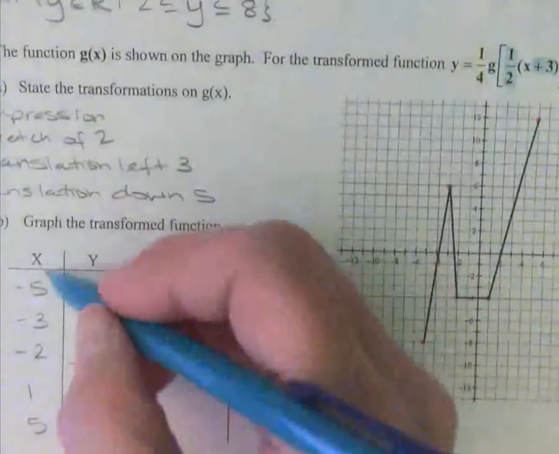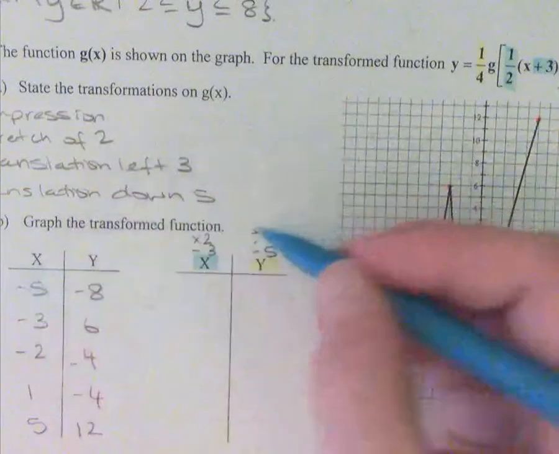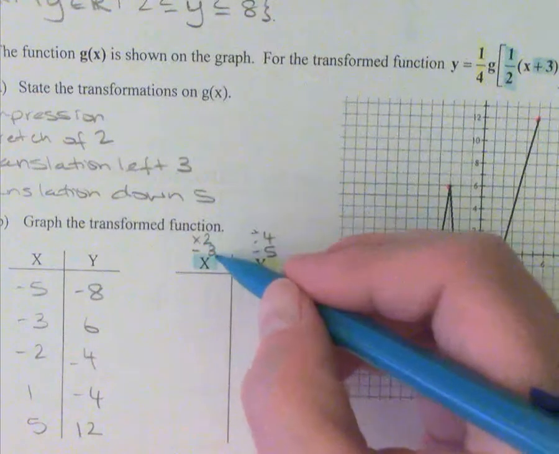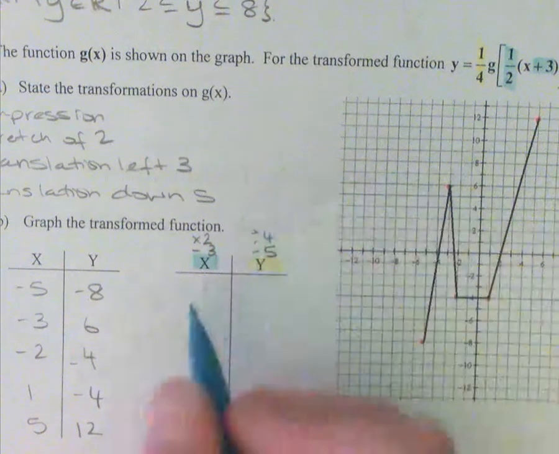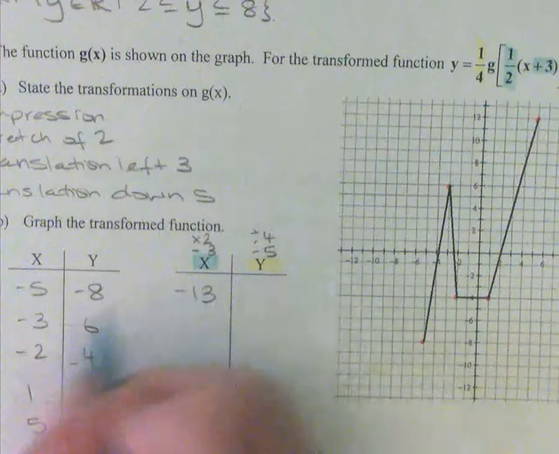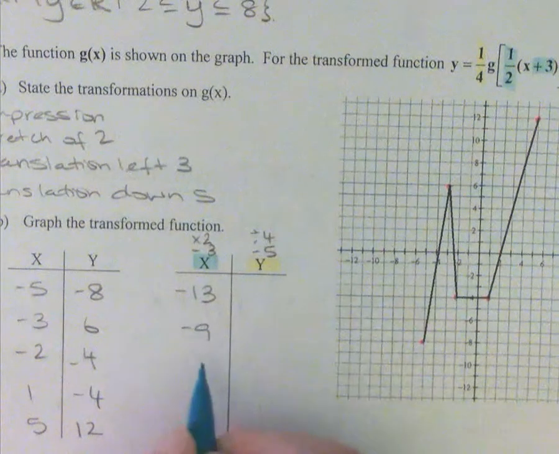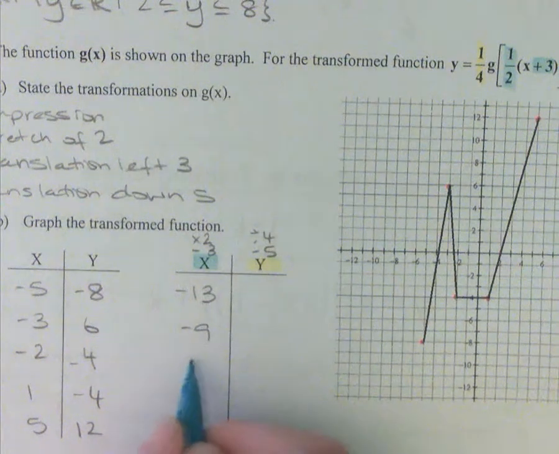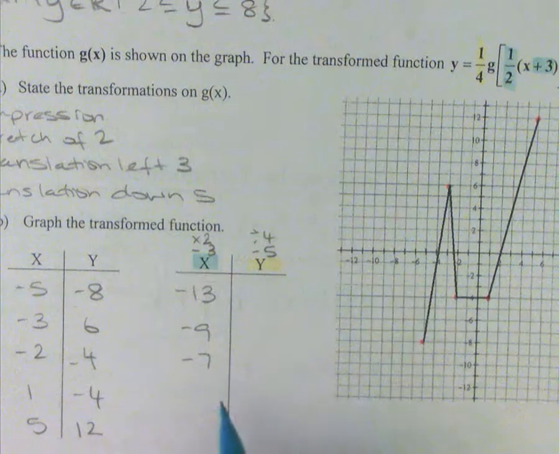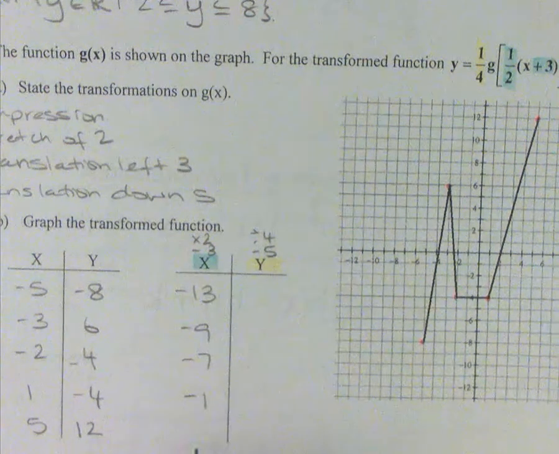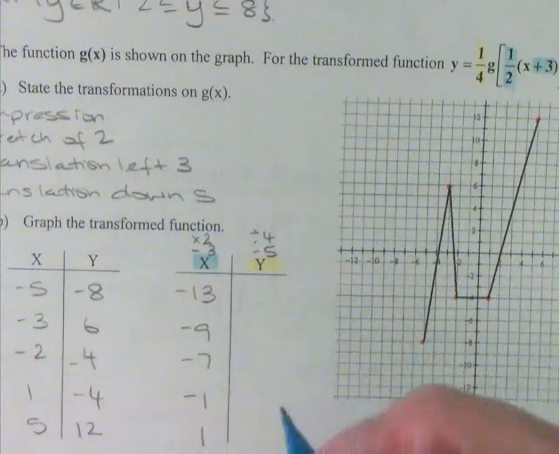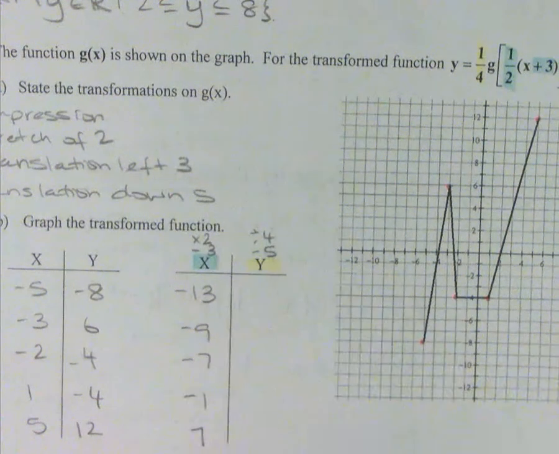So I'm going to take all these values of x, multiply them by 2 and subtract 3. This gives me -13, -9, -7, -1, and 7.